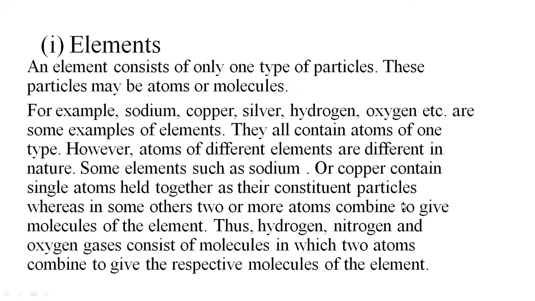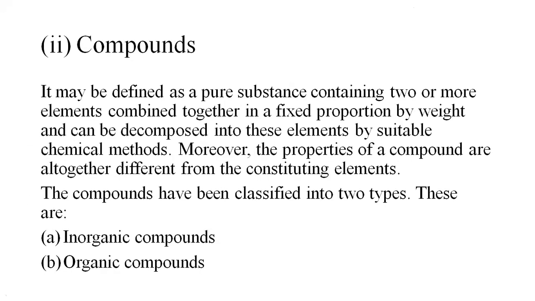So two or more different atoms combine, but they combine in a definite ratio. When they combine in a definite proportion, a fixed proportion by weight, we call it a compound. So atoms of different elements are present in a compound in a fixed and definite ratio, and this ratio is a characteristic of a particular compound.